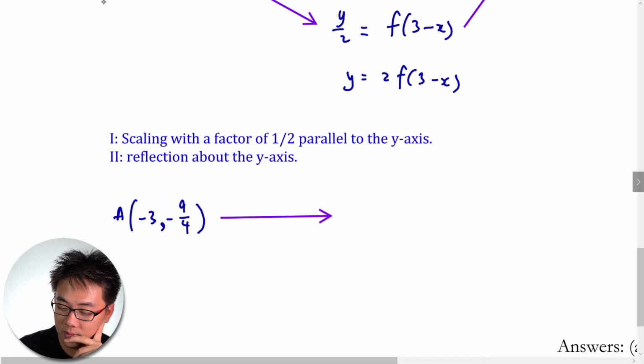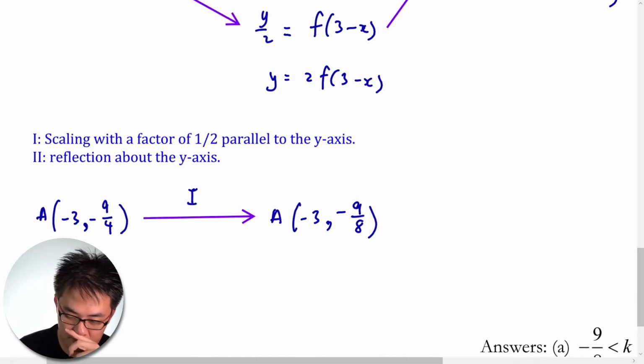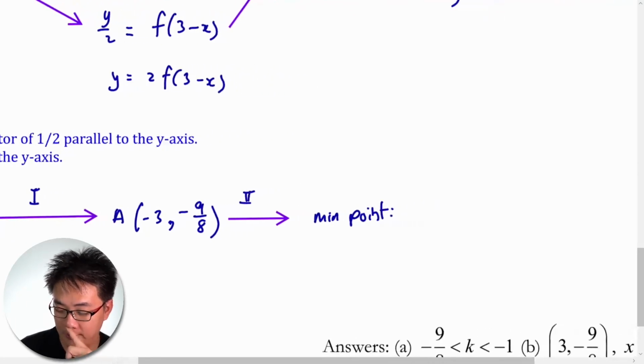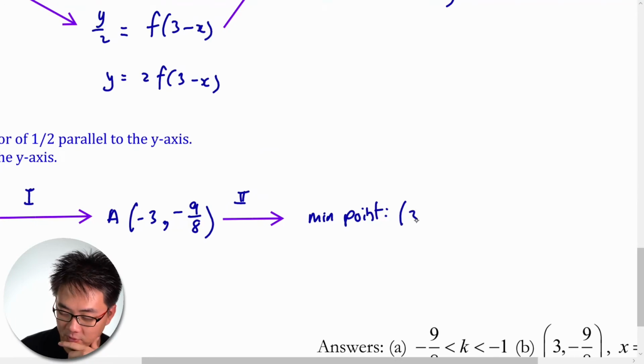After the two transformations, reflection about the y-axis will mean that your x value just swaps over. This will be the new minimum point. I'm not going to label it as A. I'm just going to write the new minimum point will be (3, -9/8).